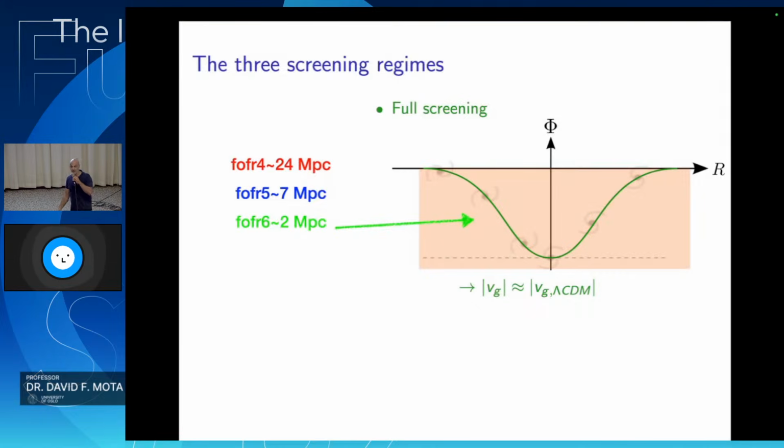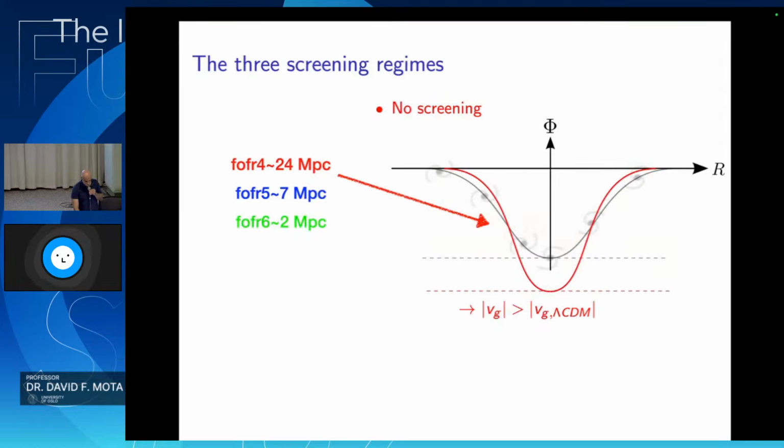What we have is that F of R6 does not change the profile of galaxy clusters so much. I could show you the simulations, but you see F of R6 has a profile which is very similar to the Navarro-Frenk-White profile. So the shape of the gravitational potential for a dark matter halo is very similar between F of R6 and general relativity.